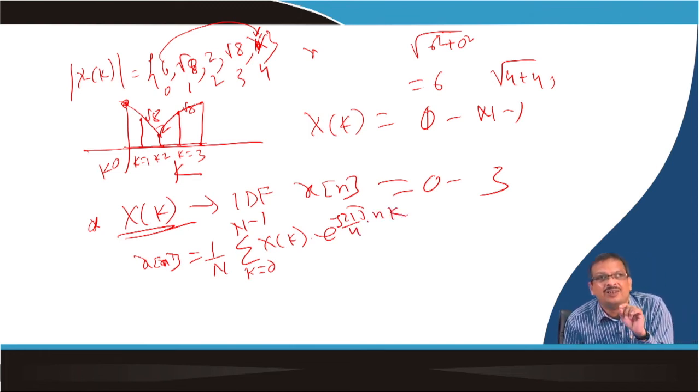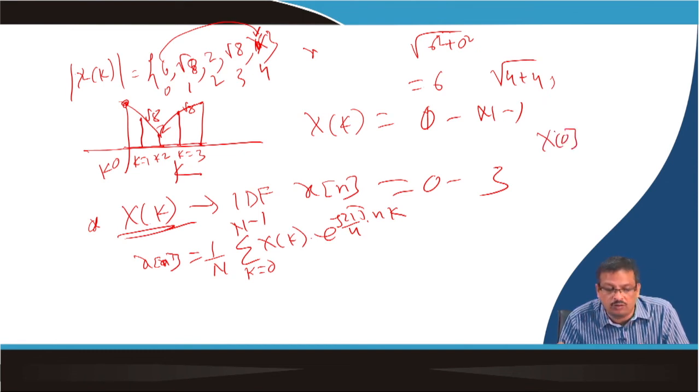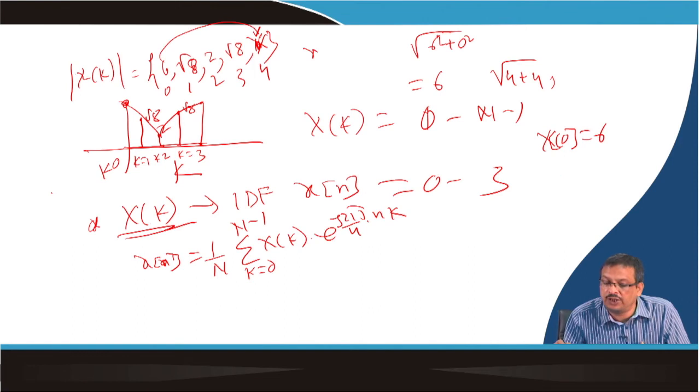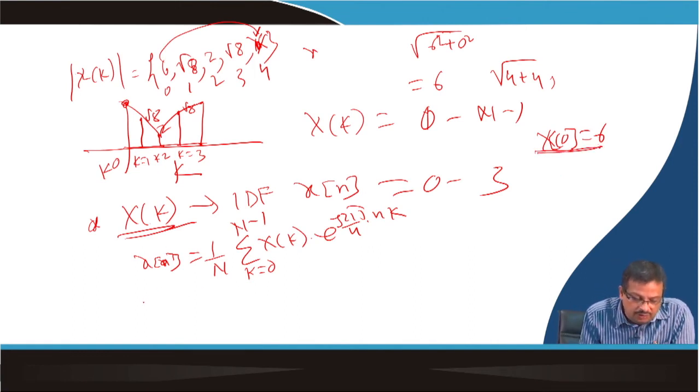Let us check whether it is coming back or not. What is the value of X of 0? X of 0 is 6.